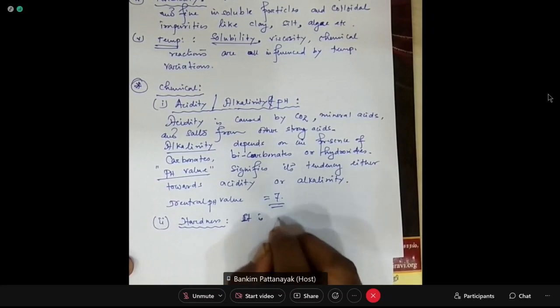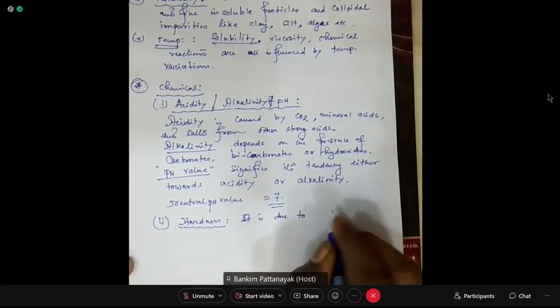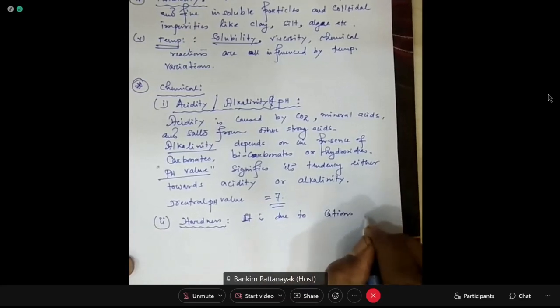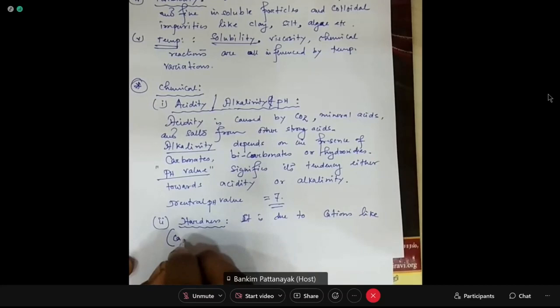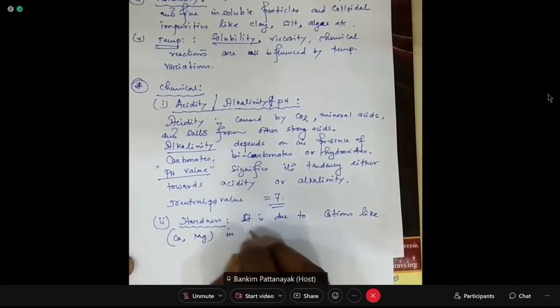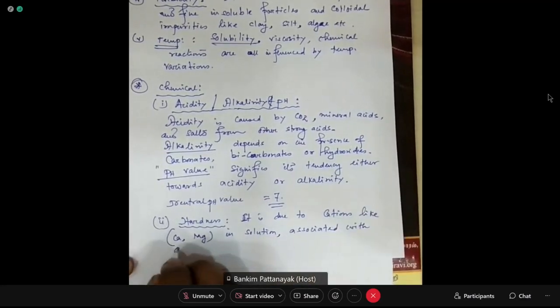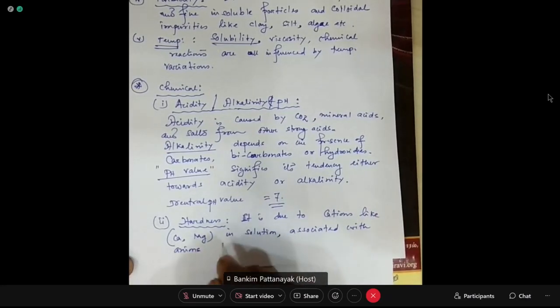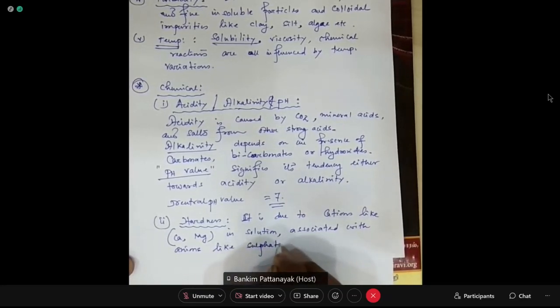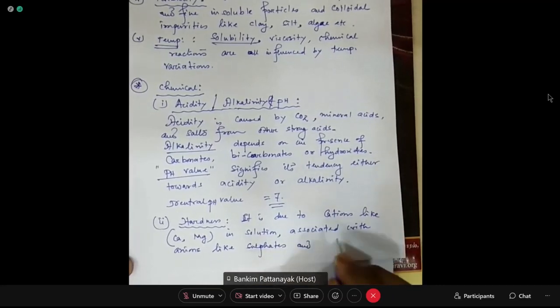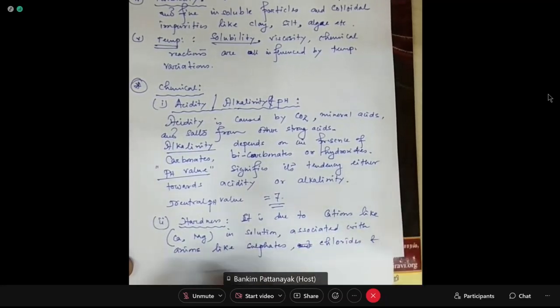Hardness is due to cations like calcium, magnesium in solution associated with anions like sulfates, chlorides, and bicarbonates.